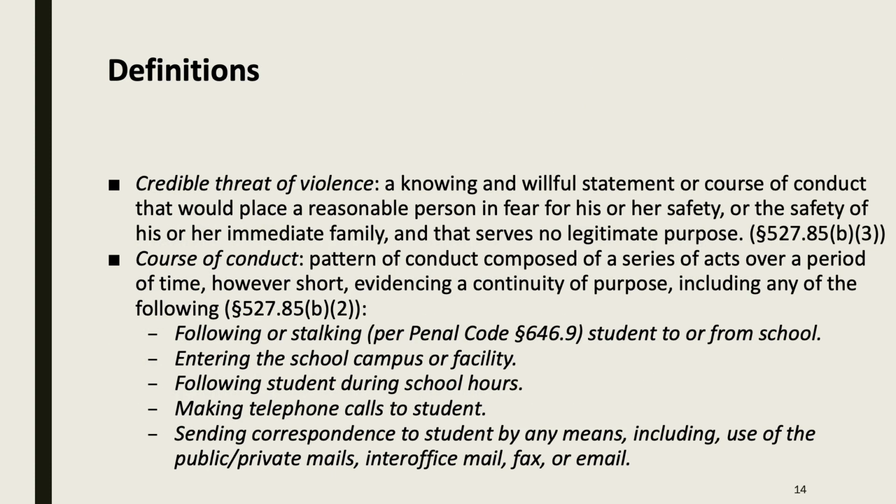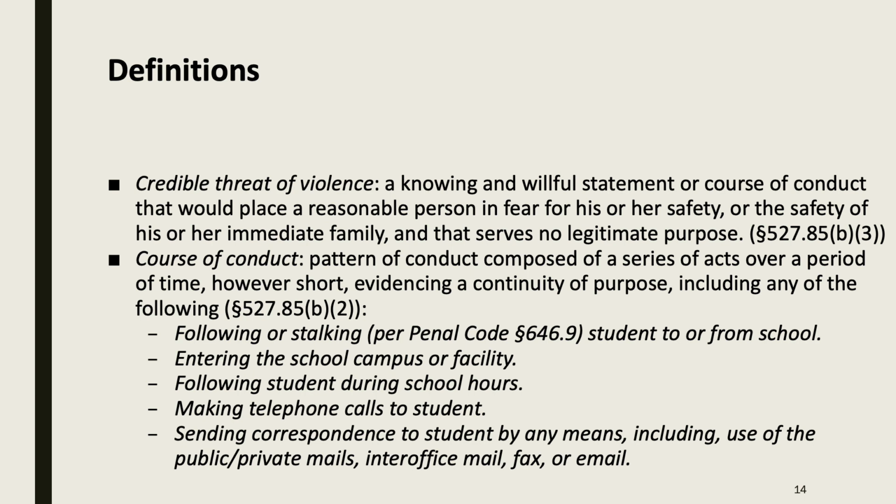So, definitions are important, once again. A credible threat of violence is a knowing and willful statement or course of conduct that would place a reasonable person in fear for his or her safety or the safety of his or her immediate family, and that serves no legitimate purpose.